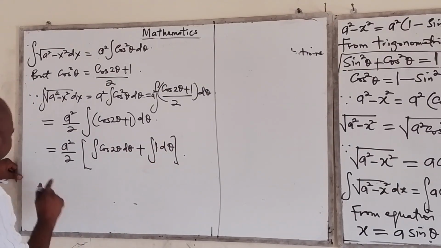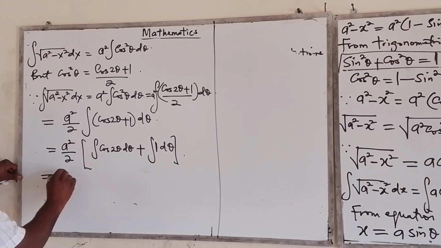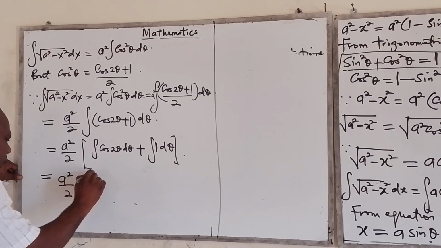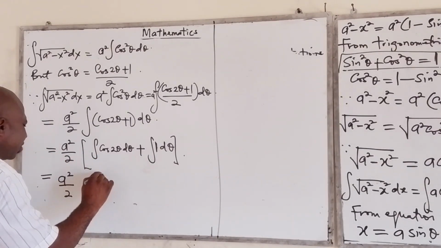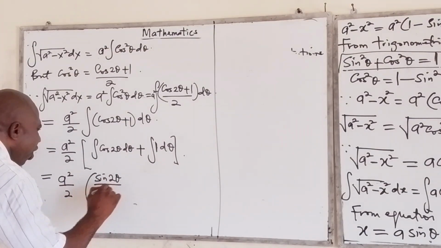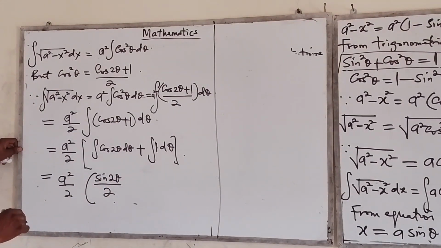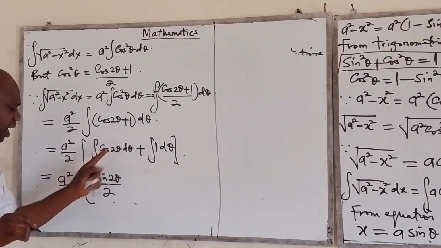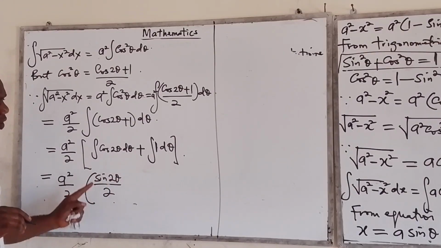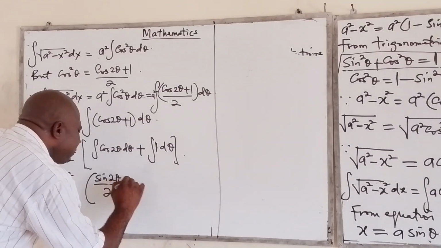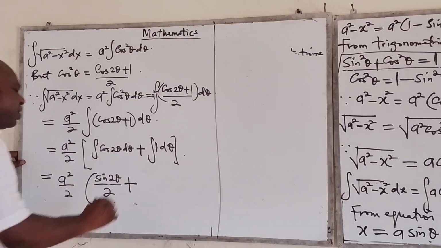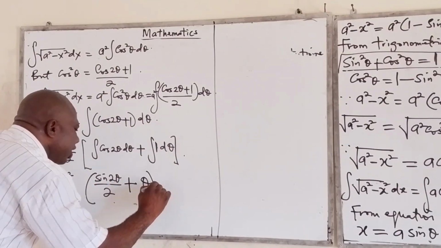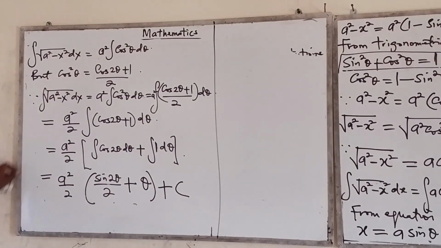When you integrate cos 2 theta, it gives sine 2 theta all over 2. When you integrate d theta with respect to theta, it gives theta. Then we add c.